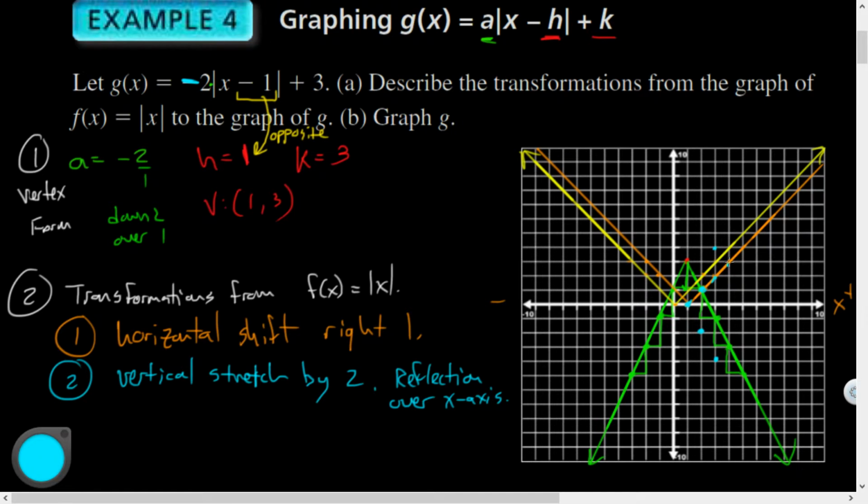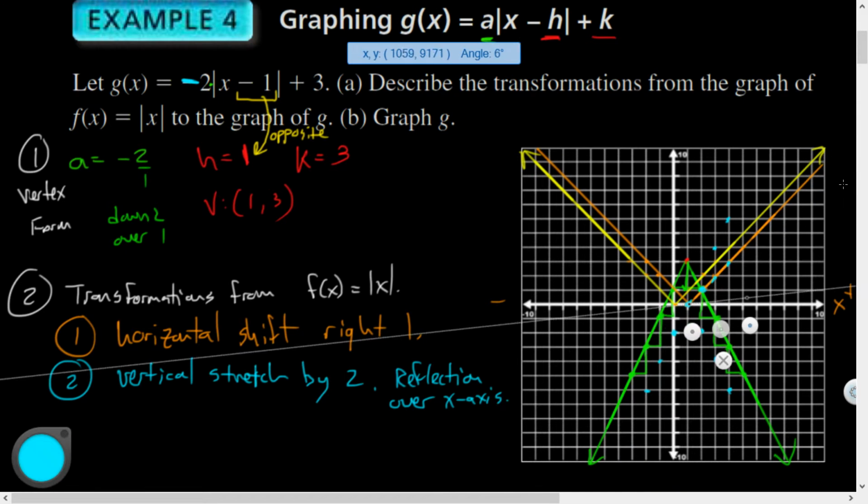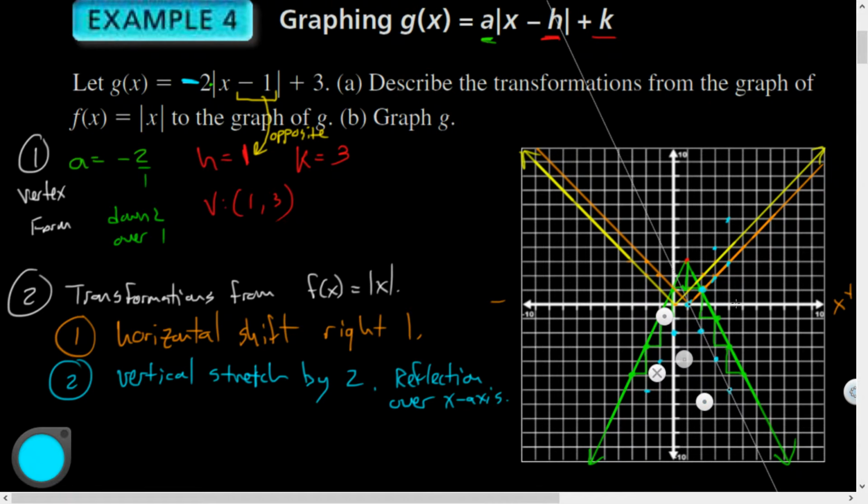Let's do one more. Here's 3 high on my orange graph. Doubling that is 6, but then flip it, it's -6. And then I can mirror these points over here as well, because it's a V, it's going to be symmetric over its vertex's vertical line.